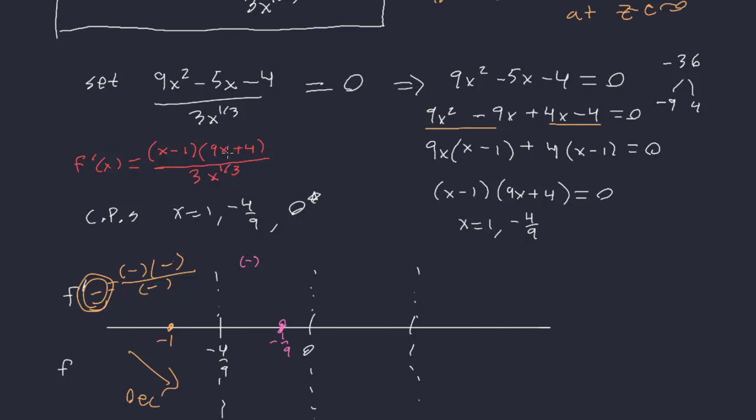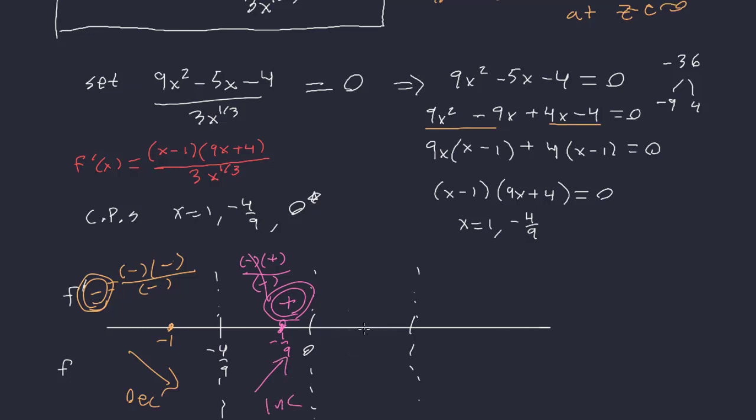Negative 1/9 times 9 is just negative 1. So I have negative 1 plus 4, so that would be positive. And then x to the 1/3, we plug in a negative, we'll still get a negative. So here, the negatives cancel and we're left with a positive. All right, so in this region, f prime is positive, so f is increasing.